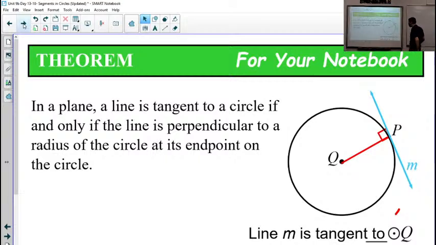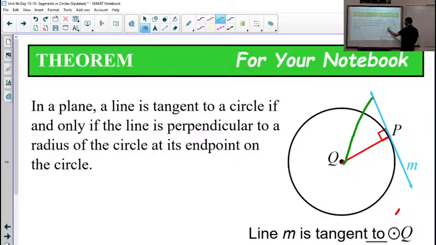And the main type of problem that we're actually going to solve is we're going to draw another segment out to the tangent and create a right triangle and some Pythagorean theorem going on. That's what you're going to see most of the time on these problems. So we can move in the direction of: if we know tangent, then we know right angle.